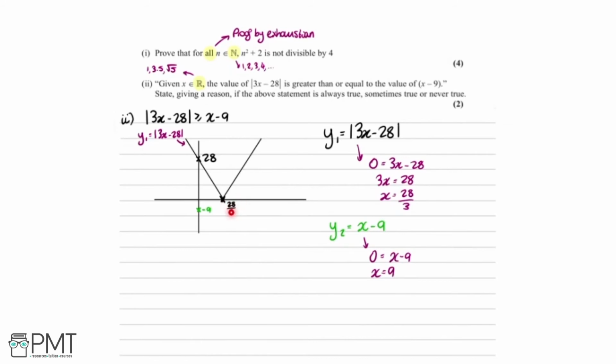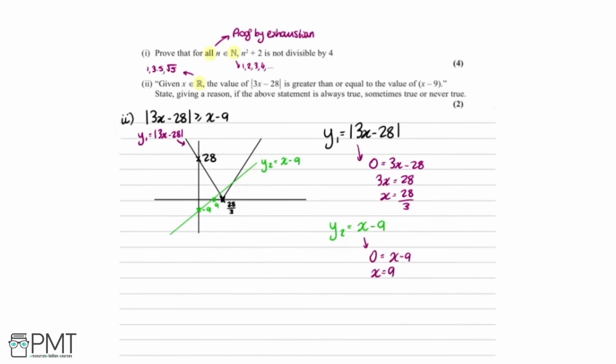And 28 over 3 is actually 9.3 recurring, so we're going to be a little bit before that. If I join up those points, we now have the line y2 equals x minus 9.